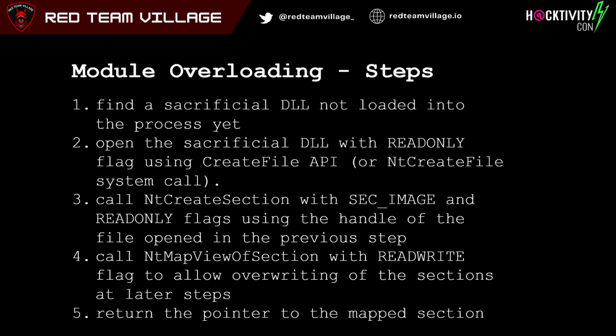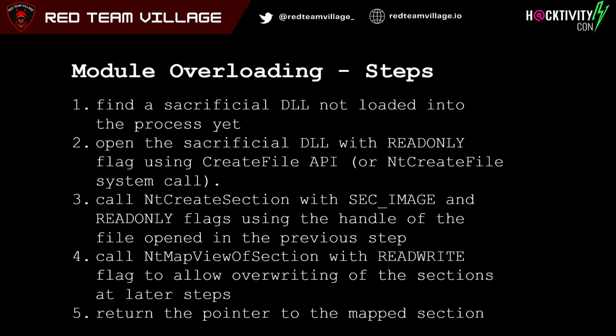So for example, if we want to allocate 1 megabyte of memory, we must find a DLL whose size, after it will be loaded into the memory, is greater or equal to 1 megabyte.